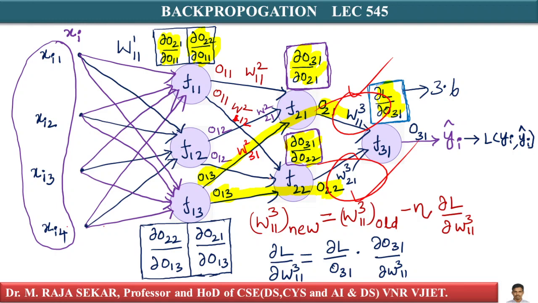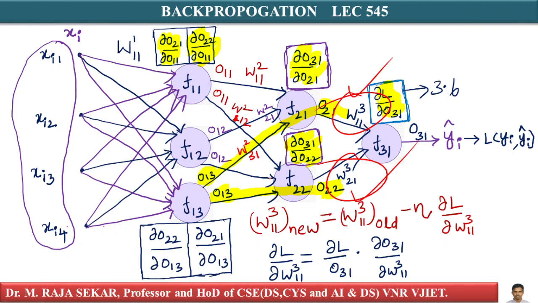So in backward propagation, what am I doing? When I went forward, I went from input towards output. That's called forward prop.